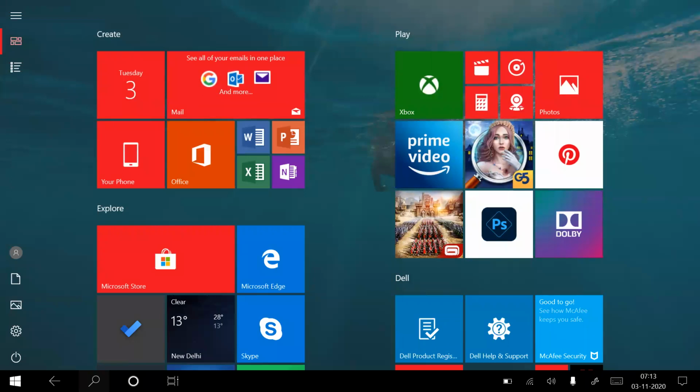I think this would be better. You guys are able to see the screen, right? Yes, sir. Okay. Cool. Where is my OneNote?